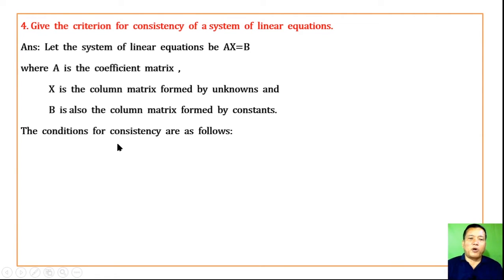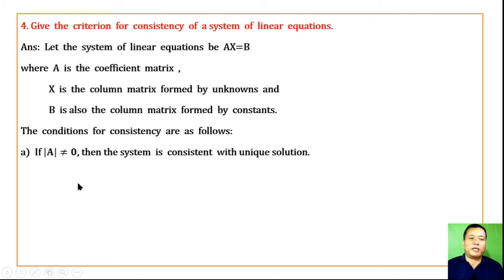The conditions for consistency are as follows. If determinant of A does not equal 0, then the system is consistent with a unique solution.